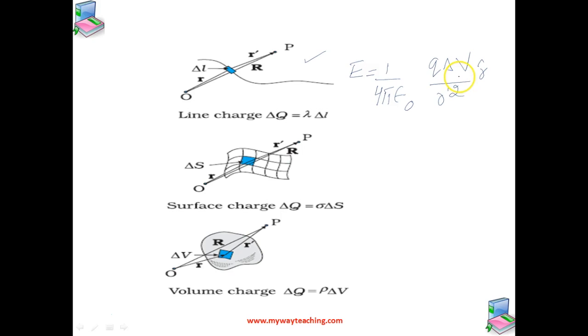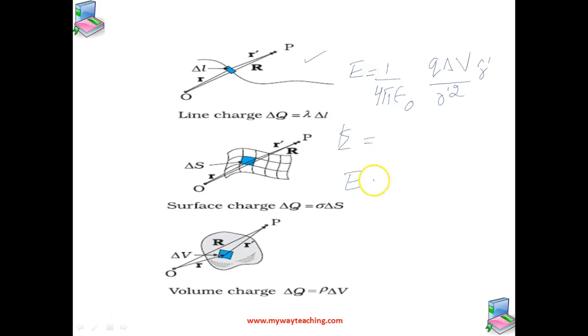Okay, this is the electric field where r dash is the distance between the charge element and P. Okay, and r dash cap is a unit vector in the direction from the charge element to P. By the principle of superposition, the total electric field due to the charge distribution is obtained by summing up all of those, isn't it?